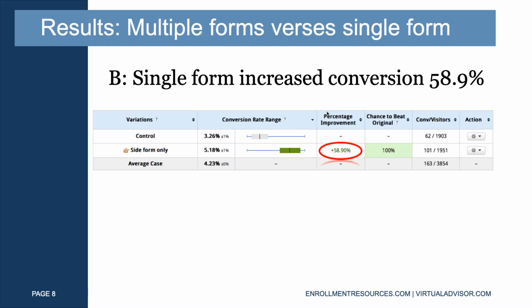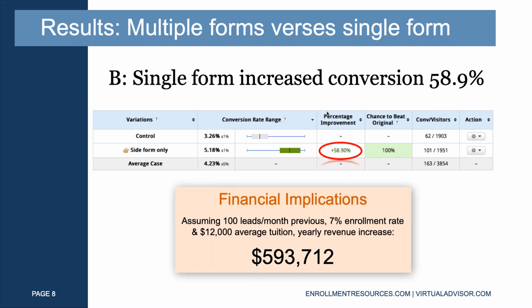What's also interesting is the financial implications. If we say, okay, what's the cost or the benefit of this result? How much money does that create or do we lose?